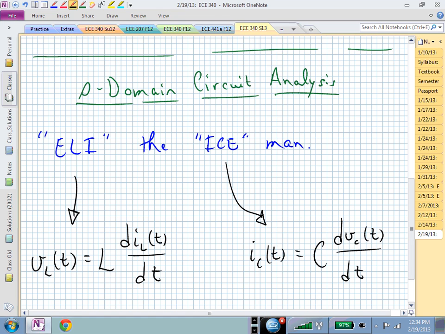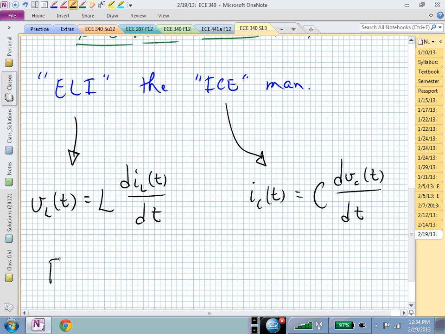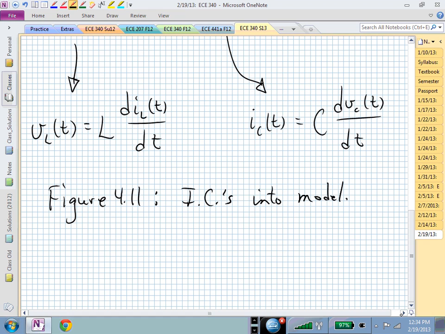Those are now our governing differential relationships between voltage and current on our two energy storage devices, and with this we can now derive the results that are represented in figure 4.11, which is designed to allow us to immediately incorporate the initial conditions into our S-domain circuit model.